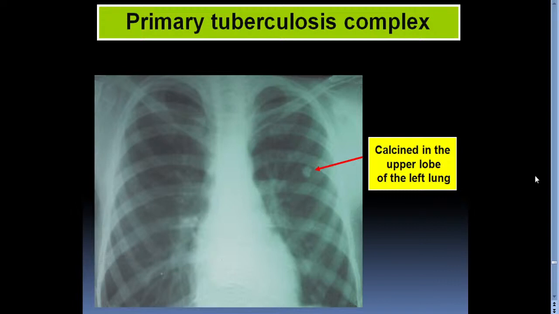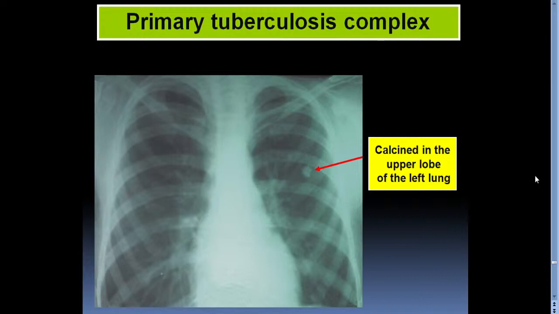And on X-ray, we can see in this stage single or plural focal shadows. On this X-ray, we can see a single focal shadow with calcification in the upper lobe of the left lung.